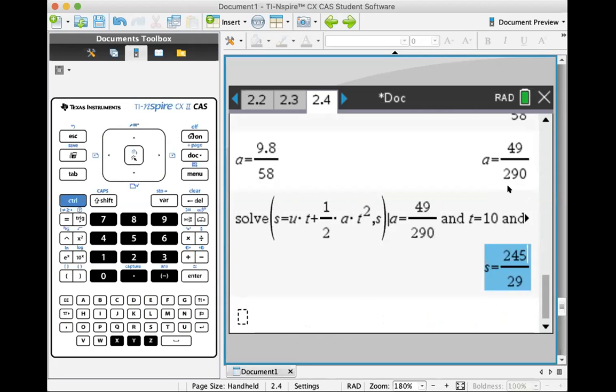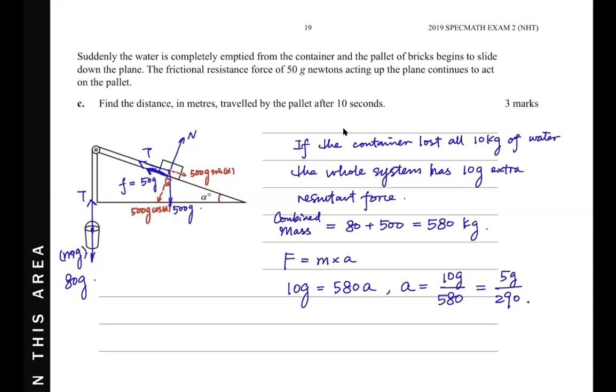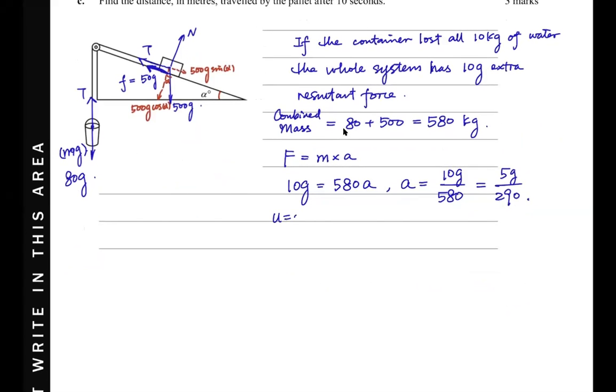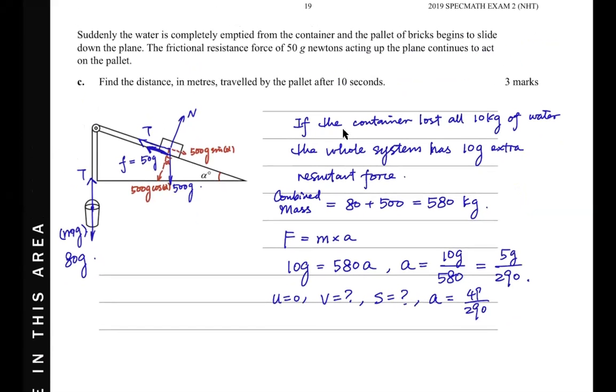So the key is to identify your constant acceleration first, then use SUVAT. U is 0, V is nothing, don't know yet. S is anything, A is, let's use 49 over 290. We want to give the exact value because they don't want us to round it to any decimal places, okay?